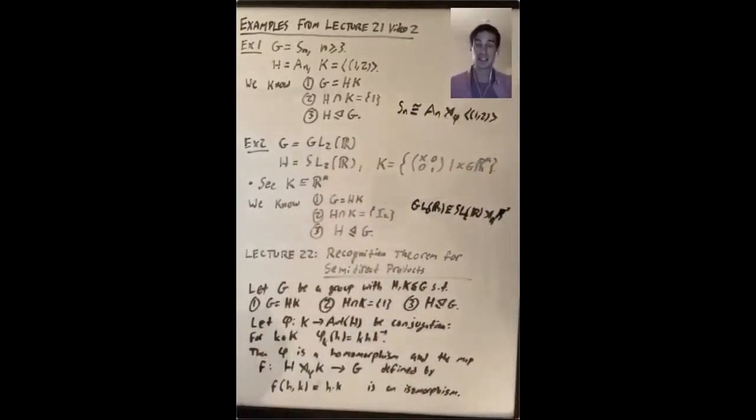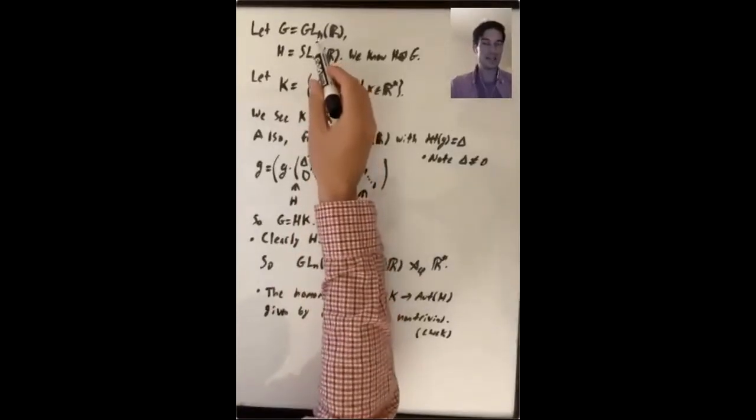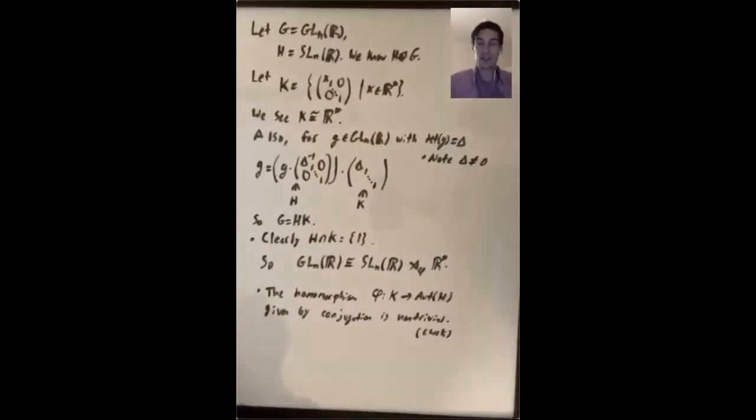In fact, this is just one instance in a more general way of understanding GL, the general linear group, as a semidirect product. The last example we looked at was when G equals GL2R. But now let's let G be GLnR, and let's try to mimic this construction. So let's say H is SLnR.